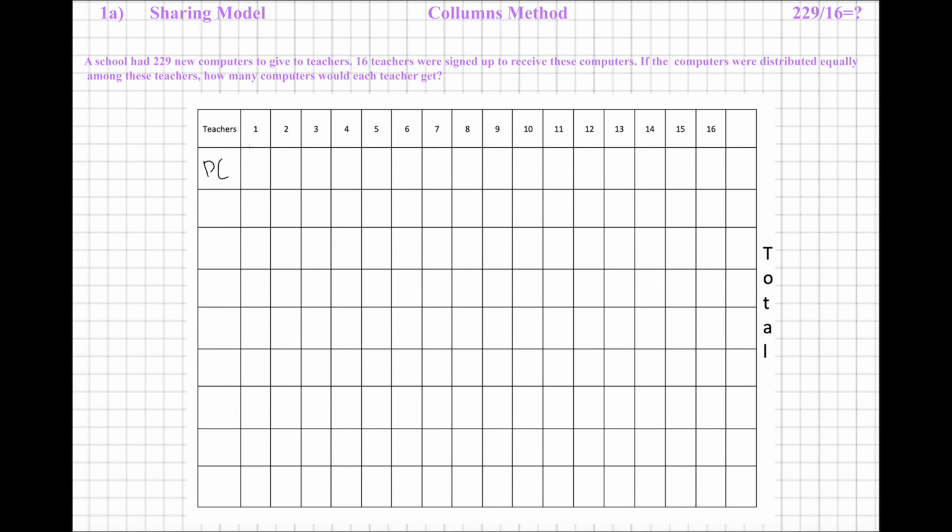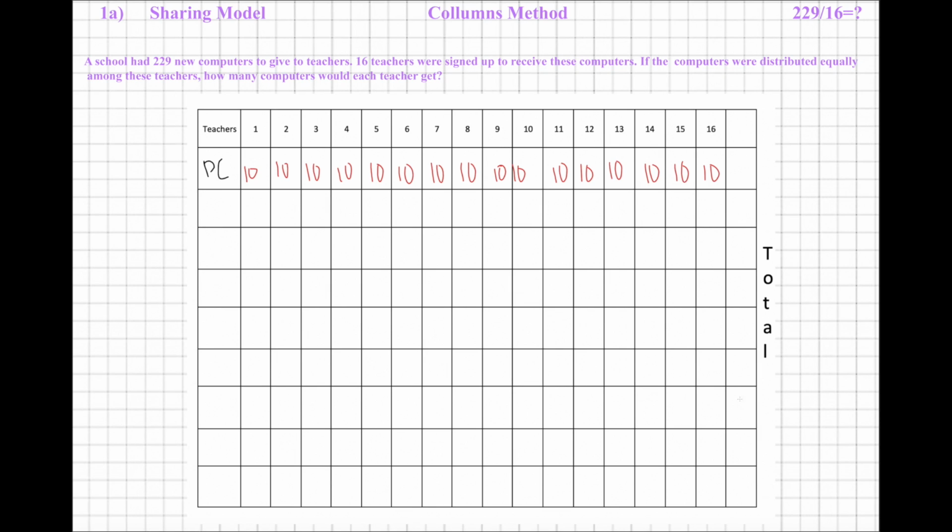So the first thing that I'm going to do is slowly start to subtract away from this 229. So I think I'm going to go ahead and start with 10 computers for each teacher. So I'm going to just write in 10 for each of these 16 teachers.